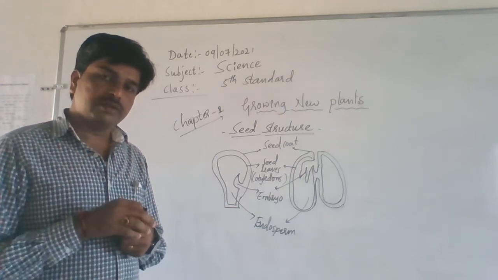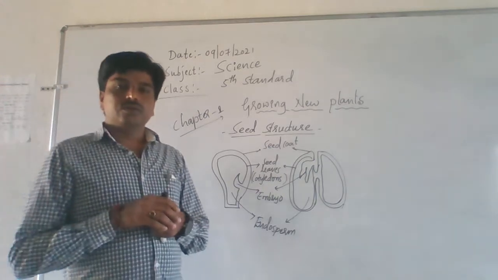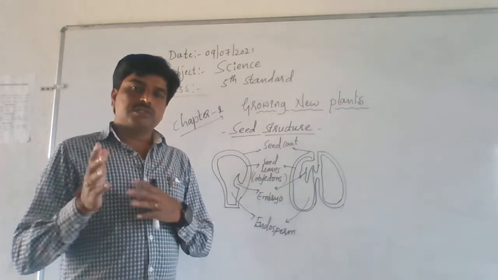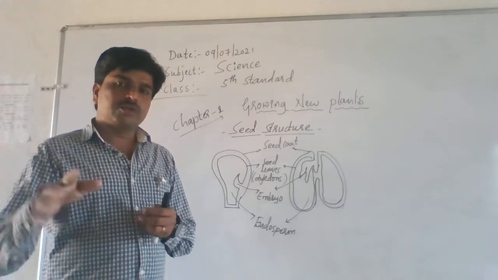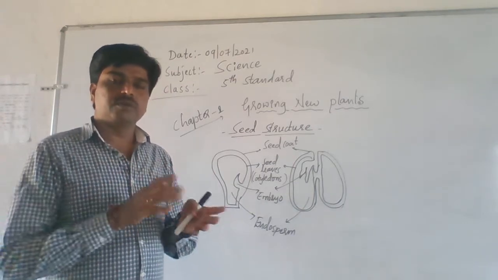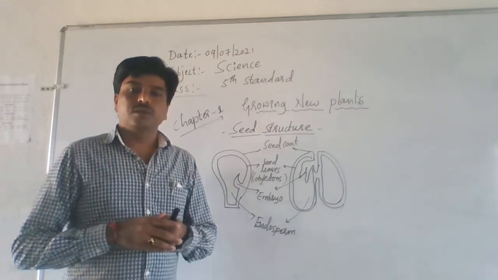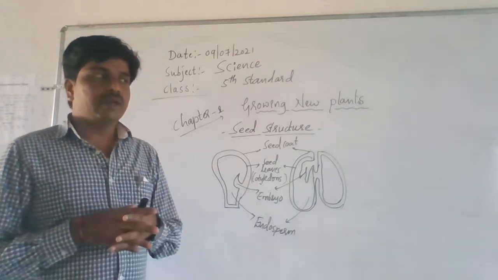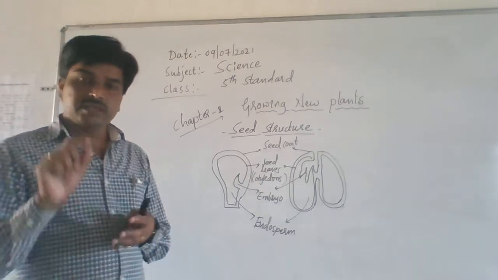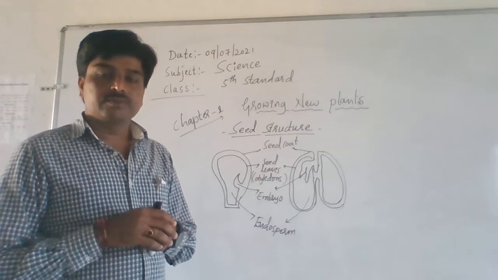Asexual reproduction is also called vegetative propagation. Once again, I wish to recall that in sexual reproduction, new plants are reproduced by the seeds.